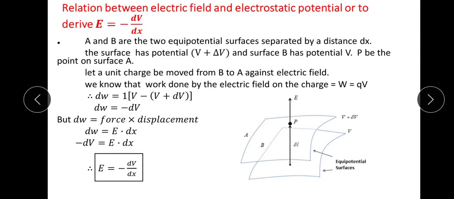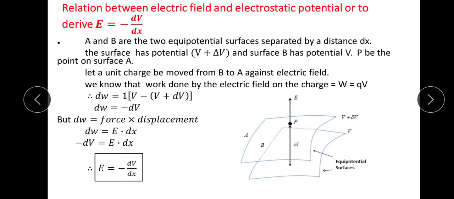So we are moving a unit positive charge from A to B. Actually this is A to B, you have to make a change. This is not B to A, this is from A to B. Now you are moving a unit positive charge from A to B, therefore the value of this Q will be 1, and this is V, the potential difference.